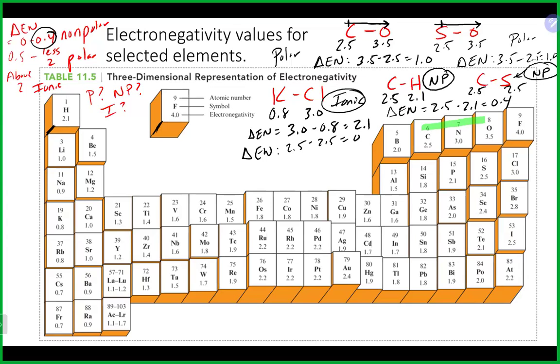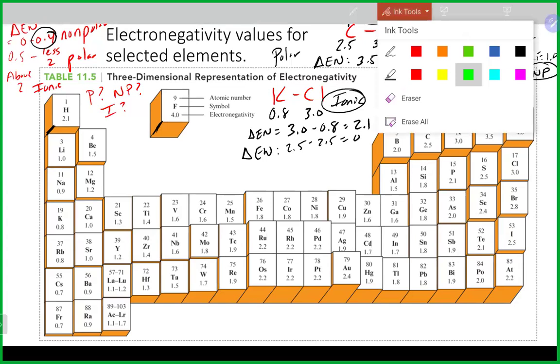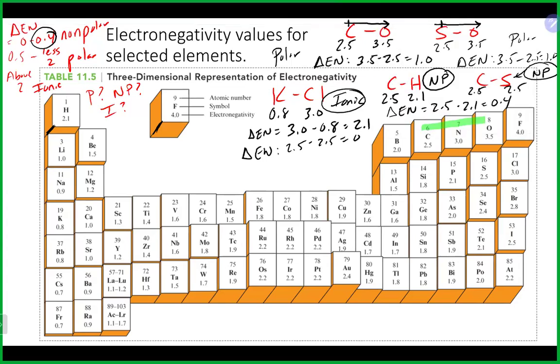Now, if we compare sulfur and oxygen, which was like this other one here, they're actually in the same group on the periodic table. And what we know in terms of electronegativity is it increases as you go up and to the right on the periodic table. So once again here, oxygen is further up in that group, which would tell us it's more electronegative than sulfur, and you don't even really need the numbers.